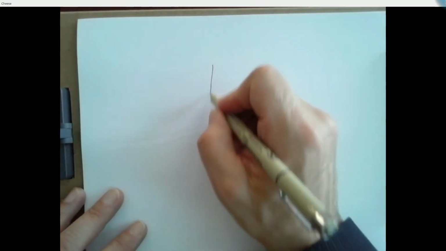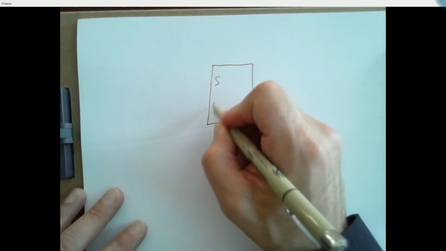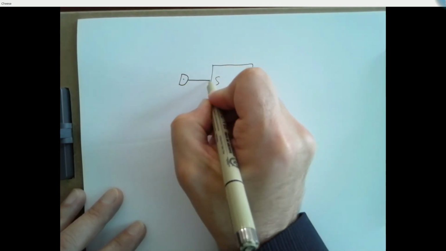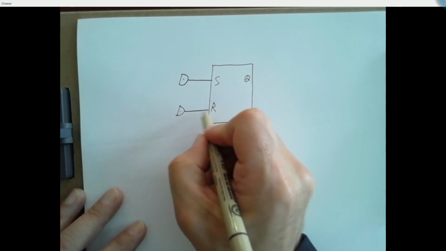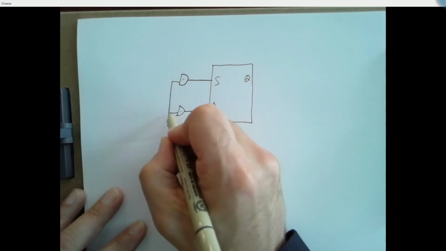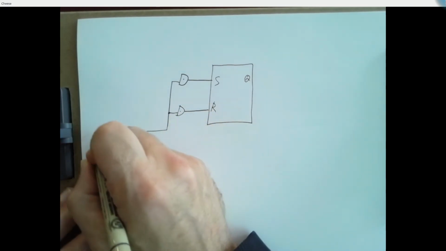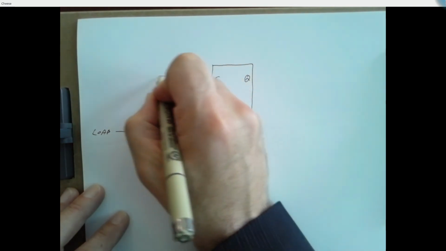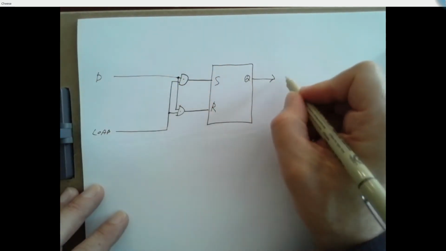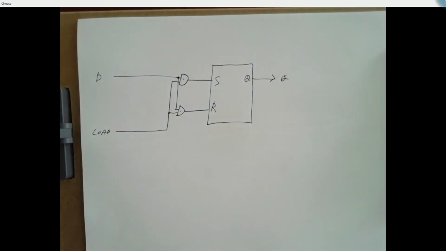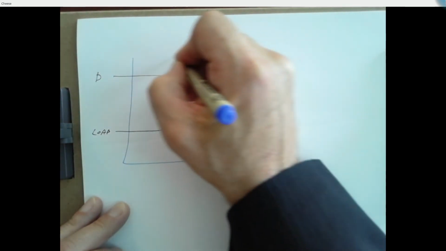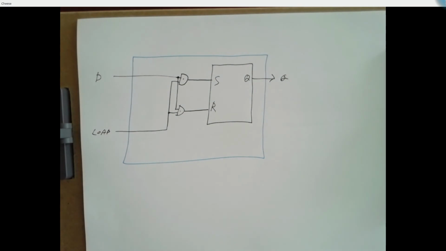Here's our SR. Here's our Q. Pair of AND gates. There's a D latch.